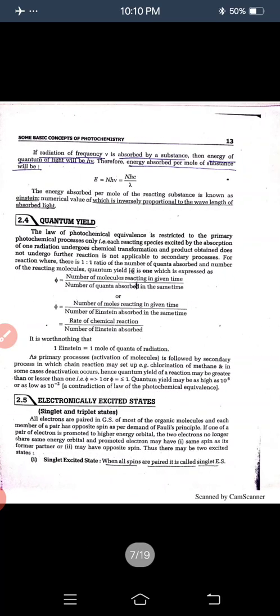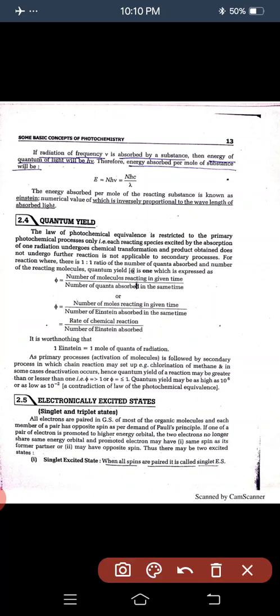If radiation of frequency nu is absorbed by a substance, then the energy of a quantum of light will be h nu. Therefore, the energy absorbed per mole of substance will be E = N h nu = N h c / lambda, because we know that nu = c / lambda.